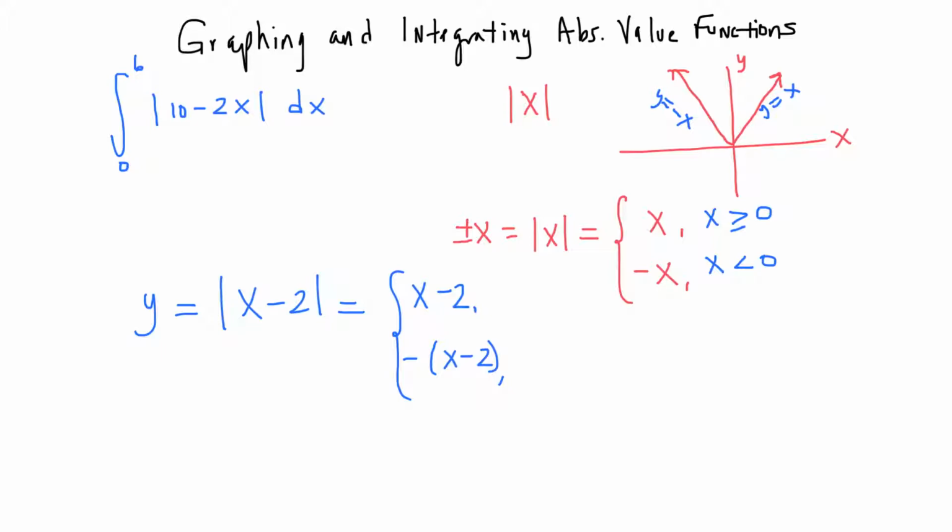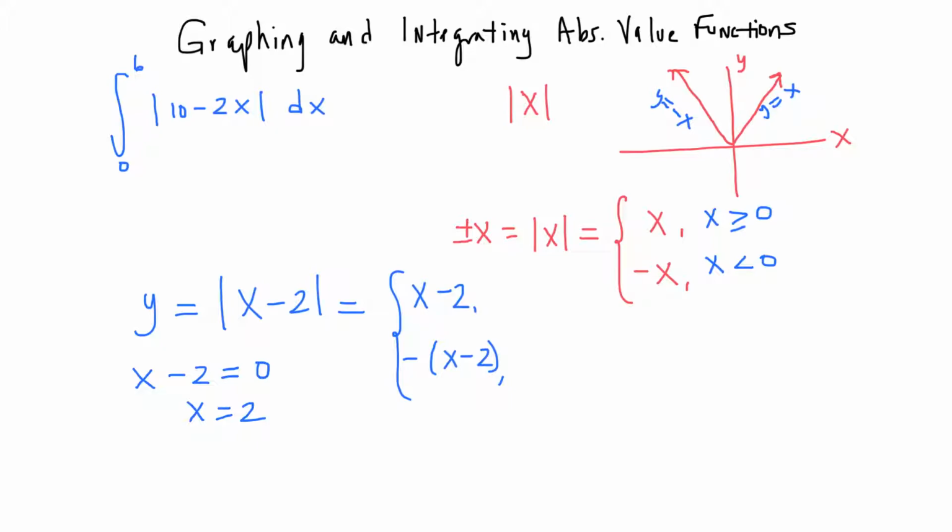We take the argument of the absolute value, we take x minus 2, and we set it equal to 0. And so that says that x is equal to 2. And so x equal to 2 is going to be the point of interest. And something happens to the right of 2 and something else happens to the left of 2.